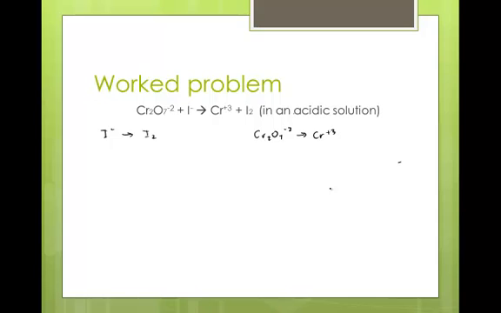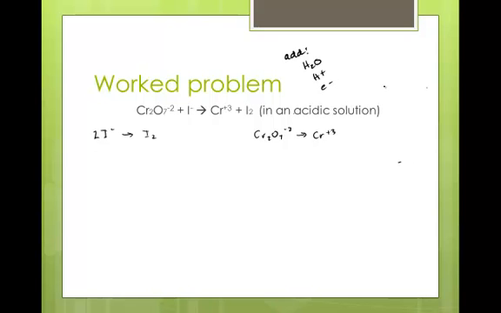So let's look at the first one. Okay, I can balance this because I can put a 2 there. So that looks pretty good. When you balance using the half reaction method, you are allowed to add some specific things. You may add water, you can add hydrogen ions because it's acidic, and you can add electrons.